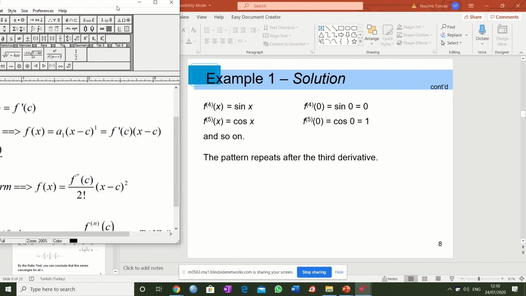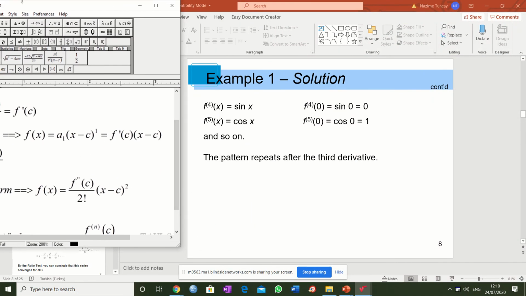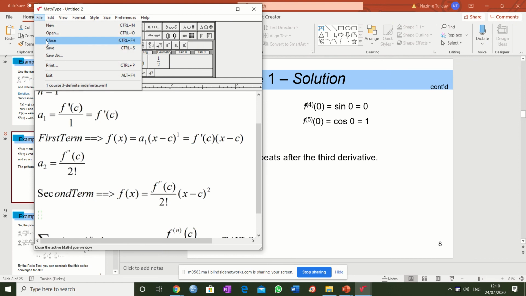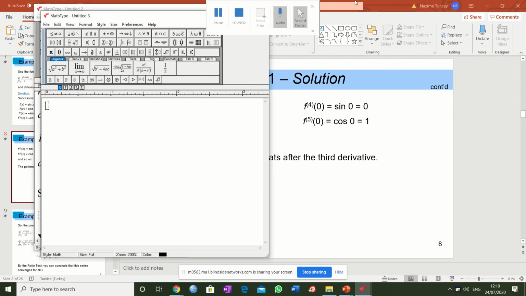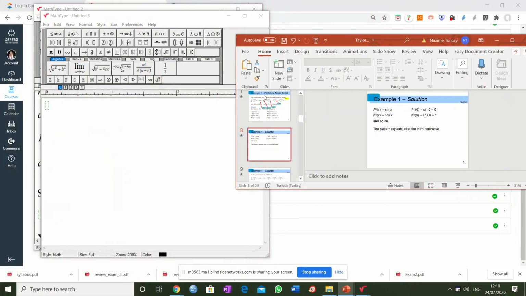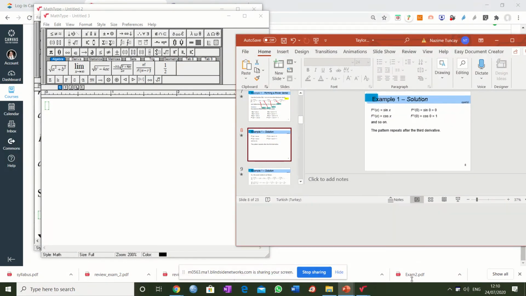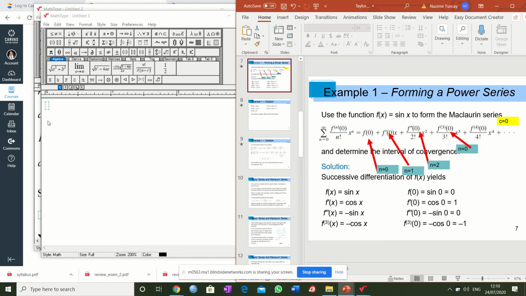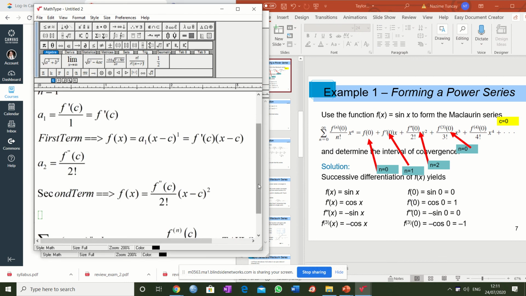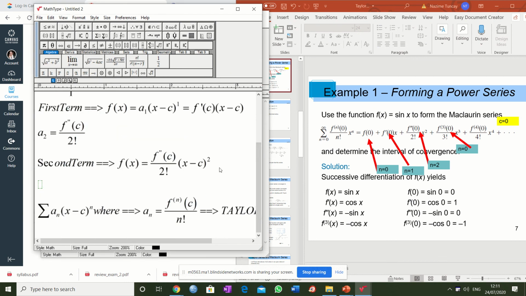I'm going to open a new page and make this smaller. So what was our function? Let me copy it from here. Yes, this was our function here.